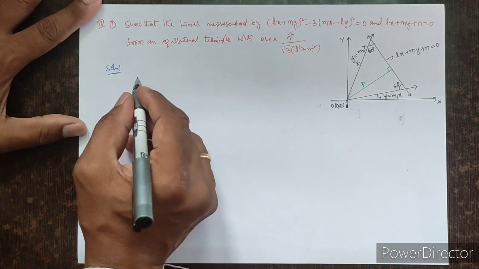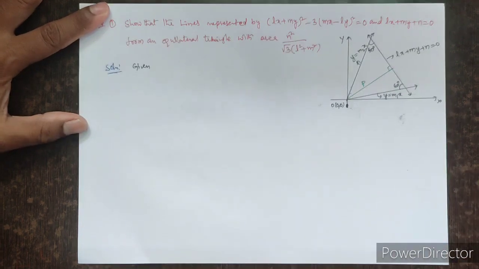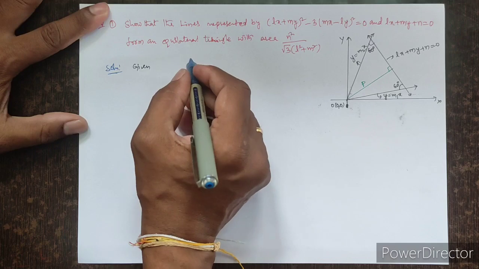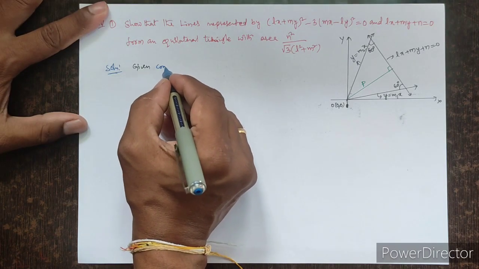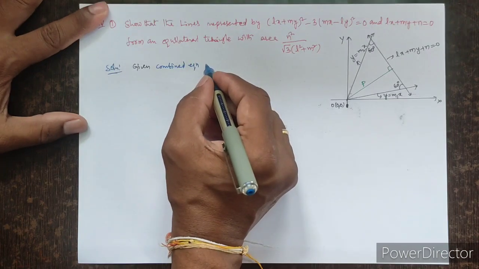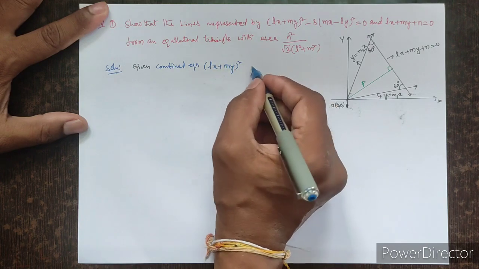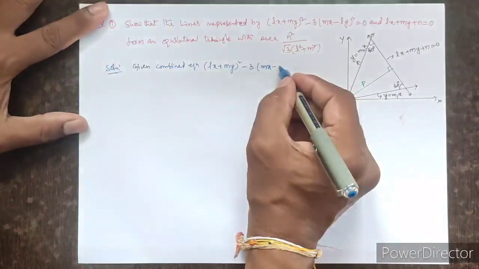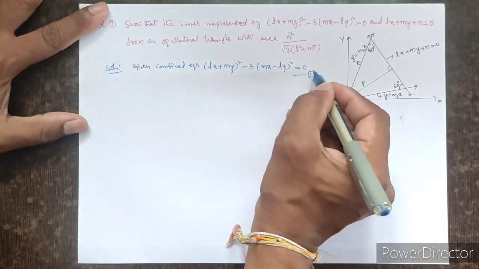See, given combined equation (Lx plus My) whole square minus 3 of (Mx minus Ly) whole square equal to 0. This is equation 1.